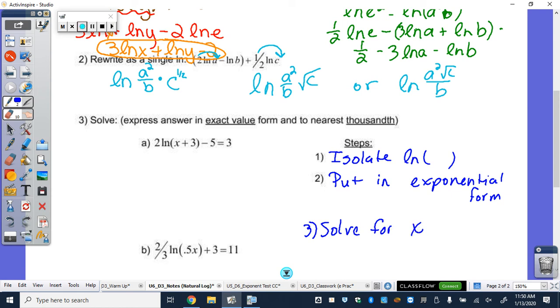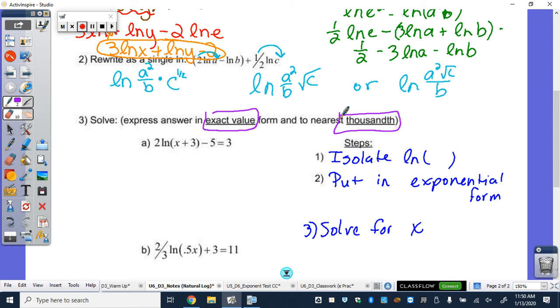And your last step is you would actually finish solving for x. Sometimes once you get in exponential form, you just have to add or subtract or multiply or divide to get your final answer there. Now, if you notice, it did say express our answers in two forms, exact value form and to the nearest thousandth. So we're going to have two answers for each of these questions here.